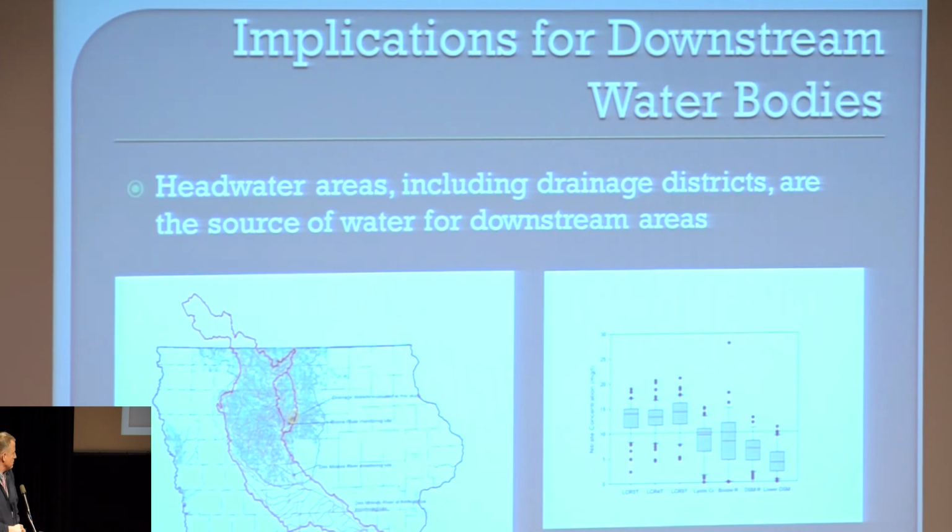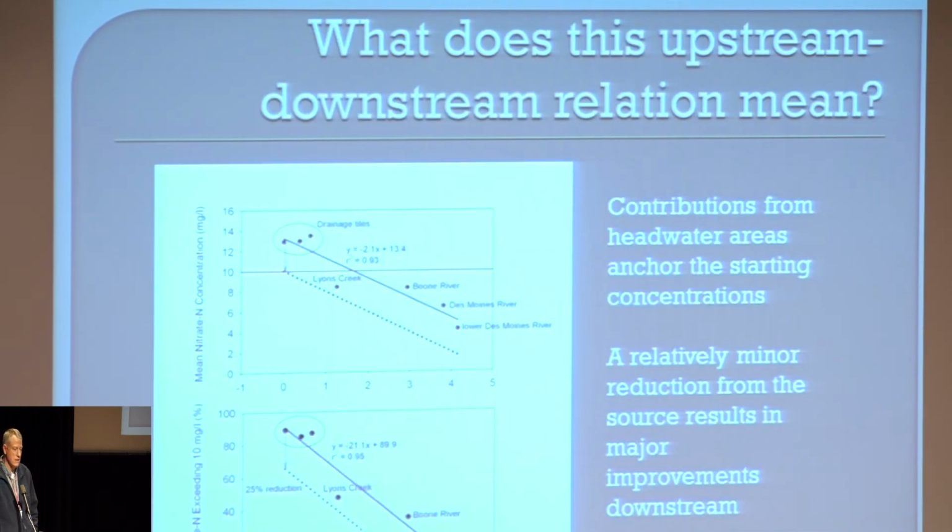The three drainage districts, as you would expect, show high concentrations, but those concentrations decrease with additional basin scale in a very regular way. In fact, if we plot the concentrations from the 3 trial drainage watersheds to Lyons Creek, to the Boone River, to the upper Des Moines and lower Des Moines against log drainage area, they plot as a very straight line, showing that they're scaling in these concentration patterns.